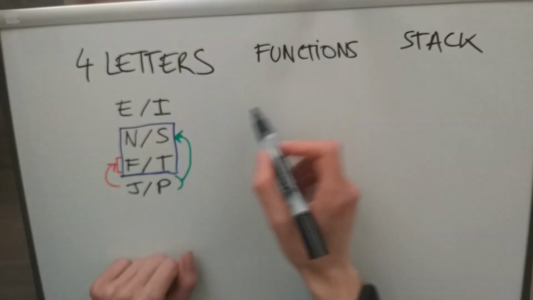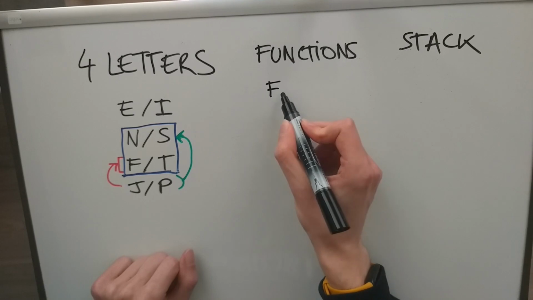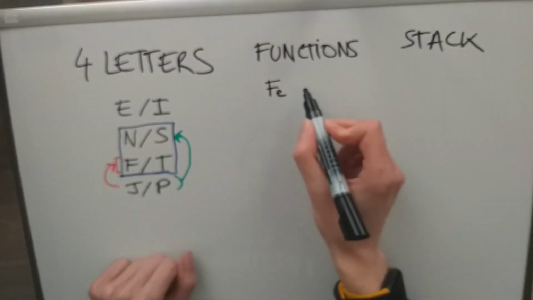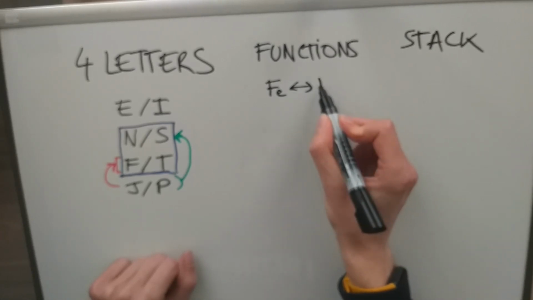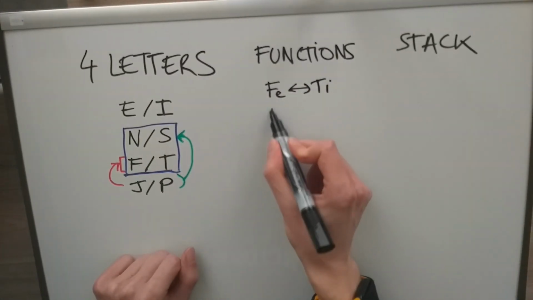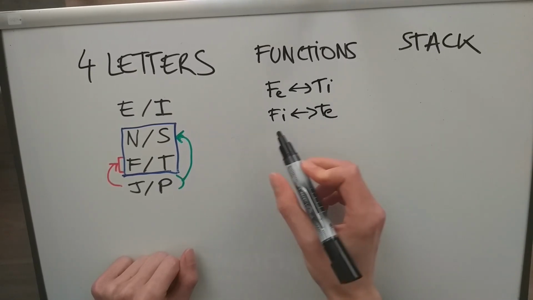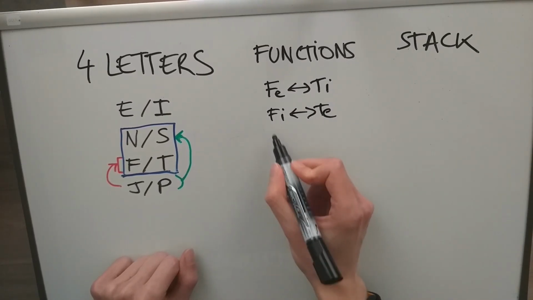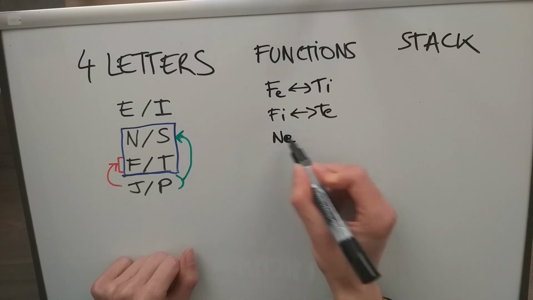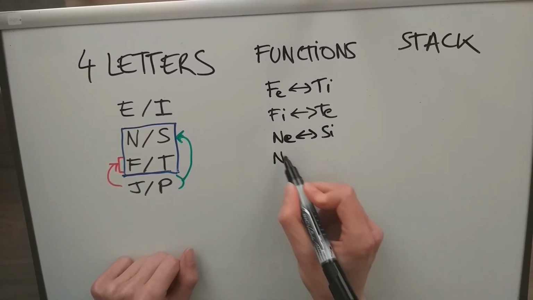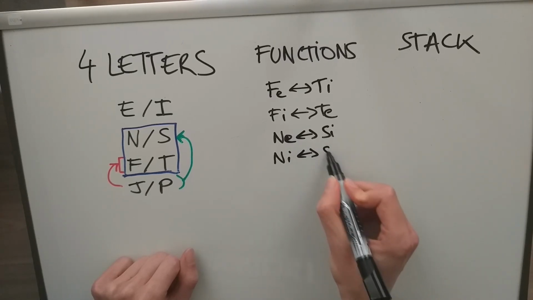So to be more specific, if we start in the alphabetical order, we'll have Fe, which will be paired with Ti, always. Fi will be paired with Te. And then we have Ne, which will be paired always with Si, and Ni with Se.